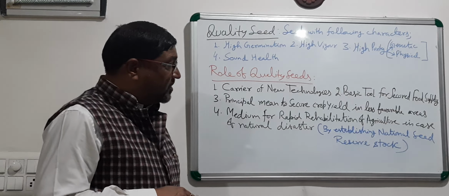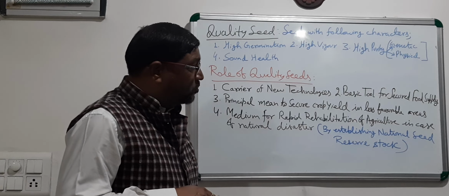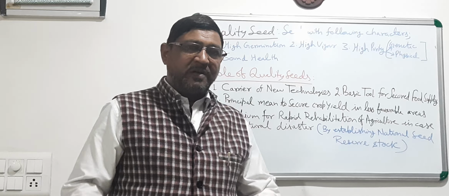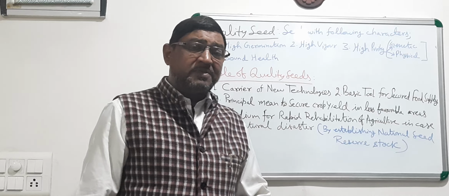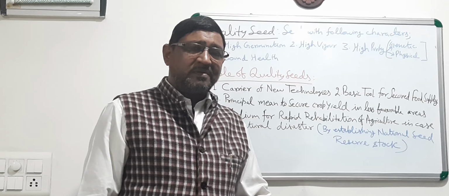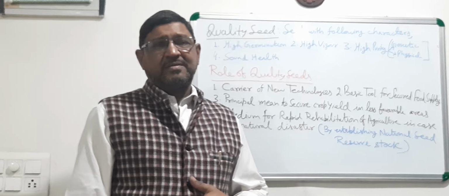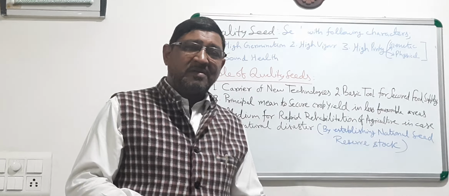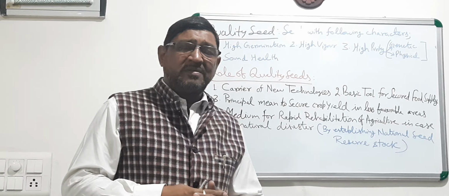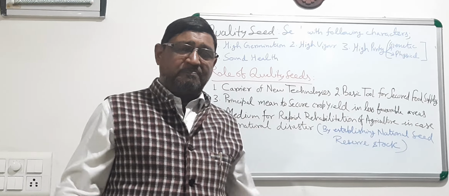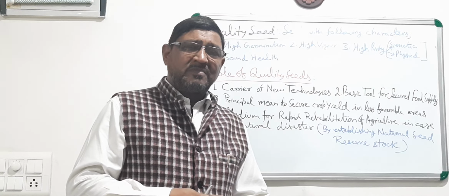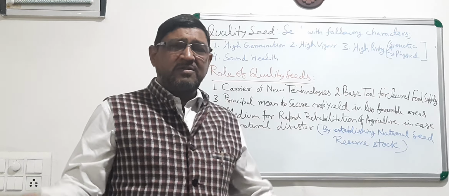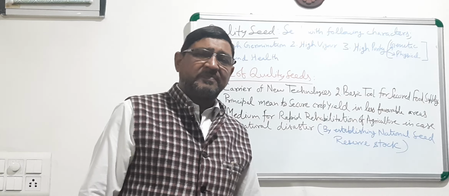Then come to the next: it is a basic tool for secure food supply. As you know very well, whatever green revolution you have achieved in the 70s, you see what your population was in the 1950s, what the total food grain production was, and after that what you are producing today.